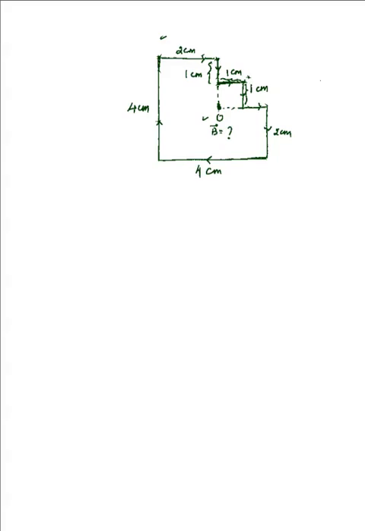Hello, I'm going to start off this video with the continuation to the previous one, where I had ended the video with a question: we wish to obtain the magnetic field intensity at the point O, which is lying at the center of two incomplete squares.